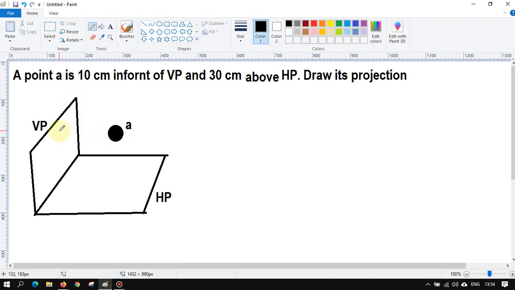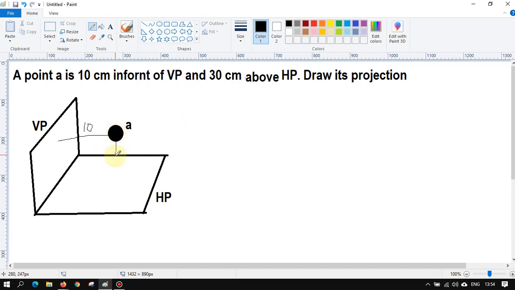As per the question, A is 10 centimeter in front of VP. That means from this plane to this object, the distance is 10 centimeter. Clear? And it is also stated that A is 30 centimeter above HP.